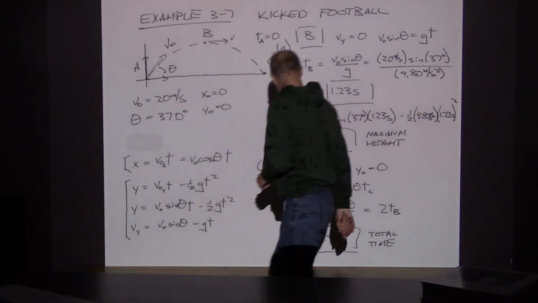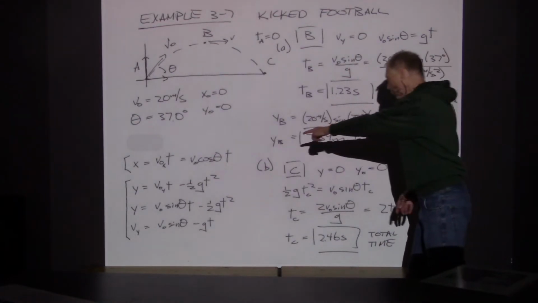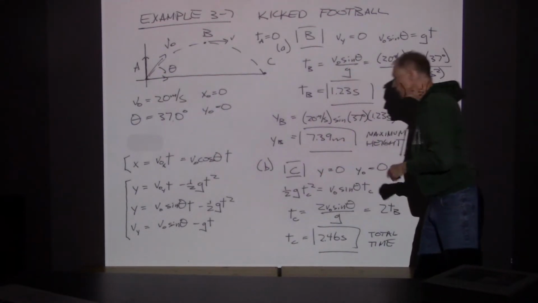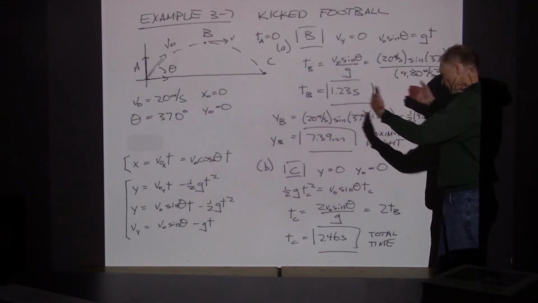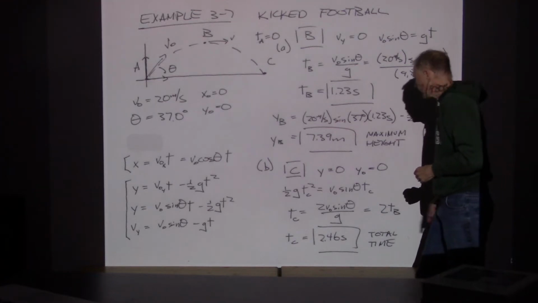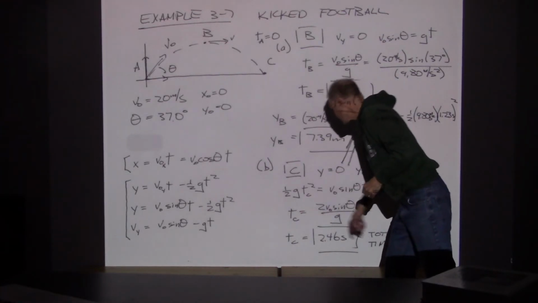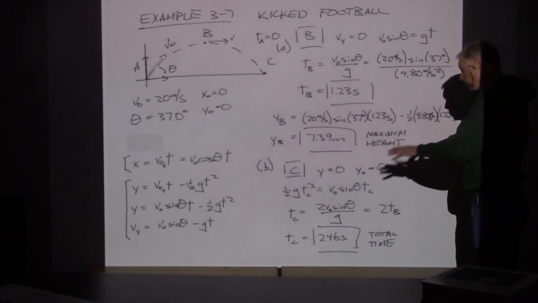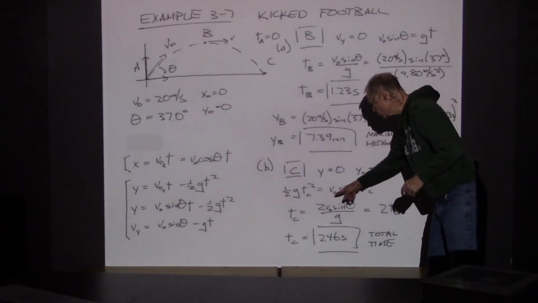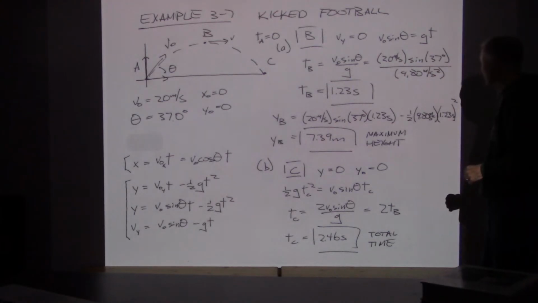That part drops out, and that leaves us with 1/2 g t squared equal to v naught sine theta times t. I can factor out one of the t's, and it tells us that t_C is equal to 2 times v naught sine theta over g. Now we can plug numbers in. That gives us 2.46 seconds.